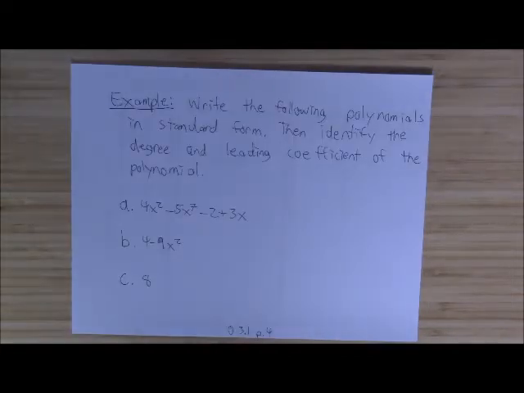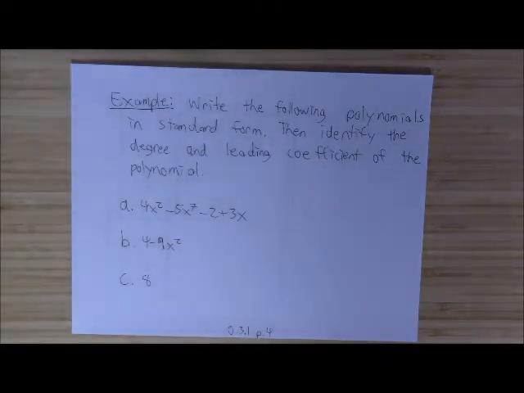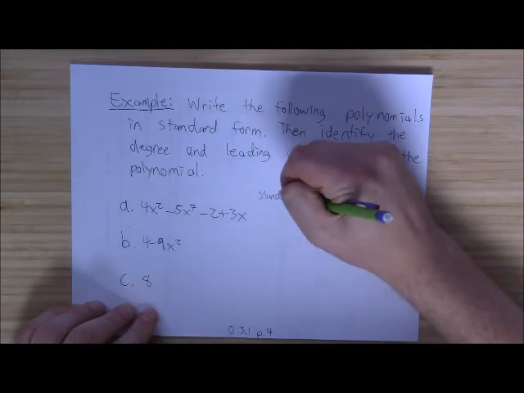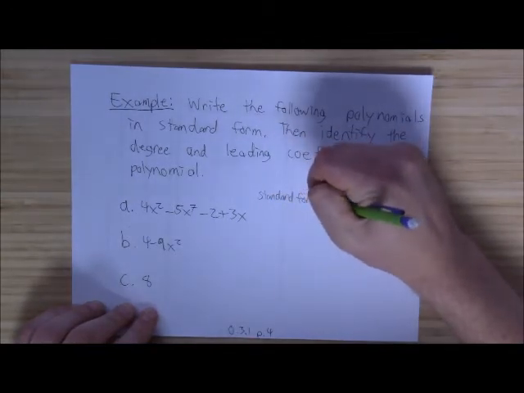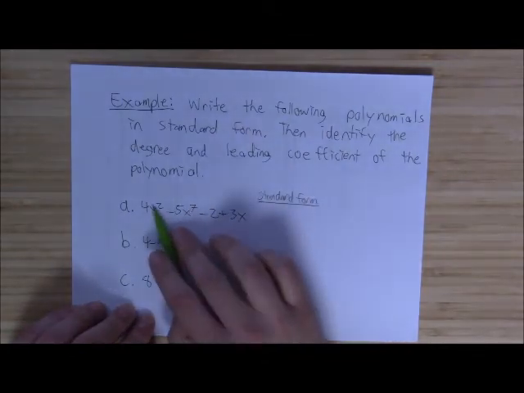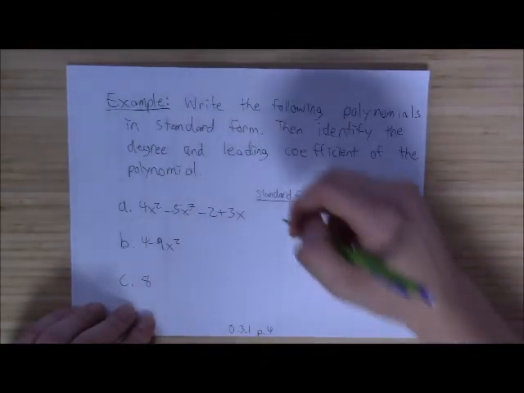So let's do some examples. Let's go ahead and write the following polynomials in standard form. Then we're going to identify the degree and the leading coefficient of the polynomial. Standard form is helpful for doing this. So standard form has you write each of the terms with descending powers. So the highest power in all of these is the 7th power.